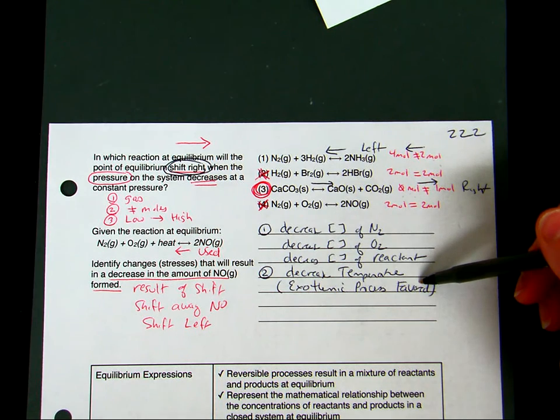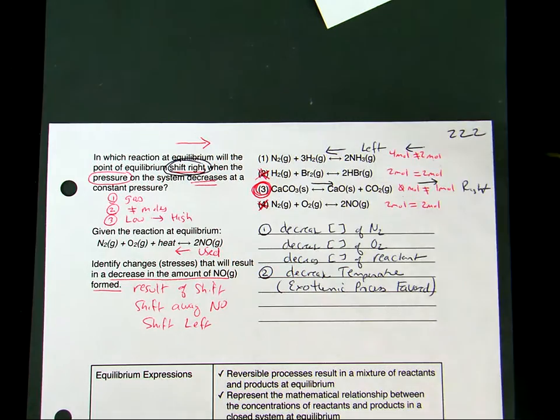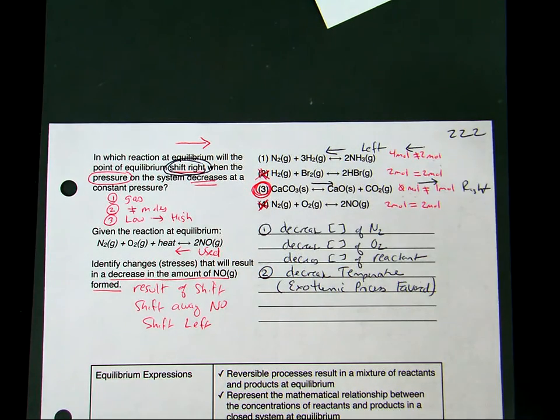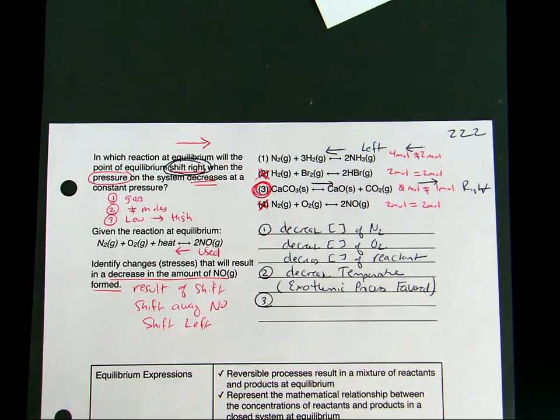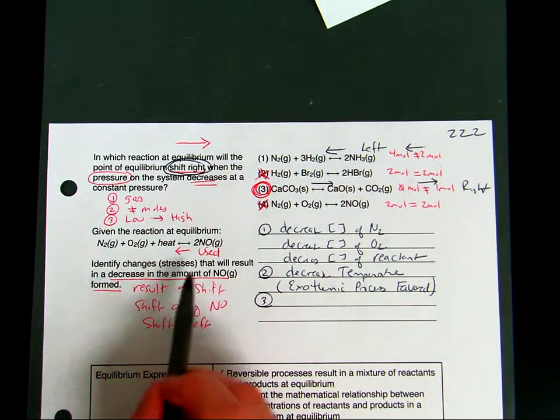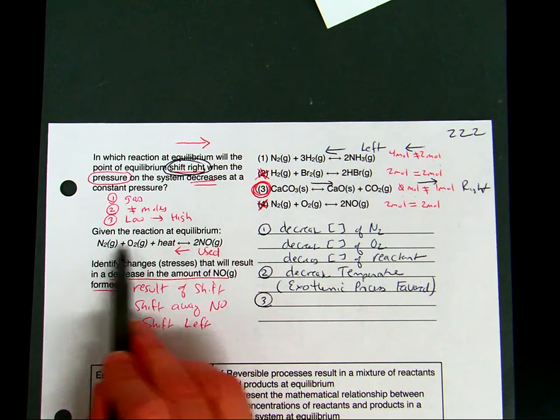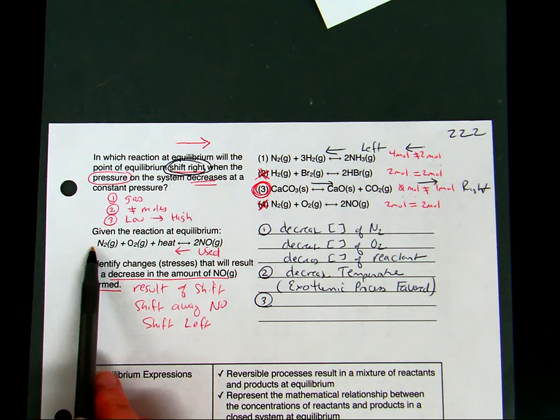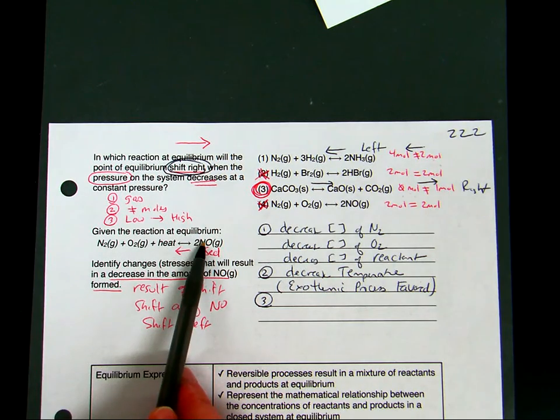Let's take a look. Could we change the pressure of the system to make it shift to the left? When you think about pressure, you have to have a gas present, and we definitely have gases present. But besides having gases present, we have to have unequal moles. We have 2 moles on the reactant side and 2 moles on the product side.